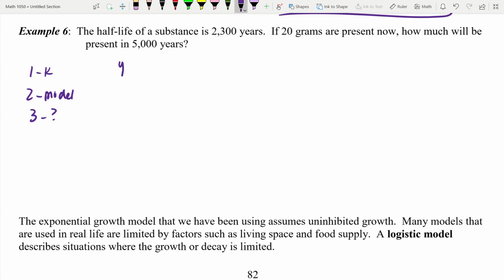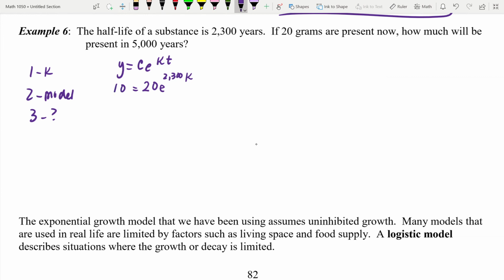Everybody write down y equals C e to the KT. I know that I'm looking for K, so I'm going to leave my K at K. 20 grams are present now, so I'm going to do 20. I know the half-life, which is a time, is 2,300 years. Somebody tell me what to put on the other side. If I start with 20, then 1 half-life cycle has passed.